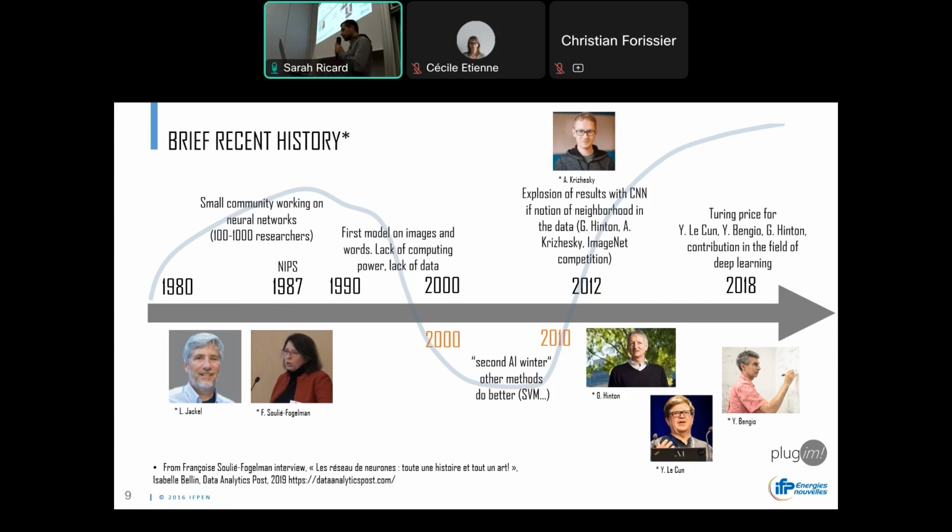All this history is quite important because it tells you that it's a quite new area. It has grown very fast over the past 10 years, and it is very important because it can solve some very difficult problems that before we were not able to solve clearly.